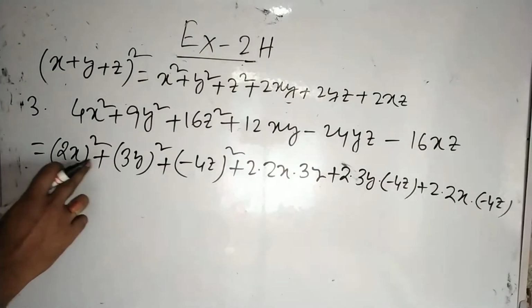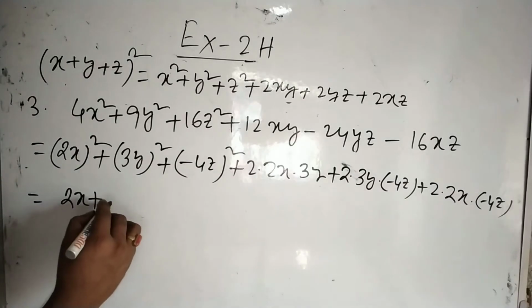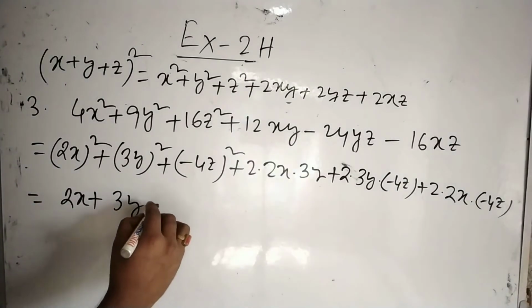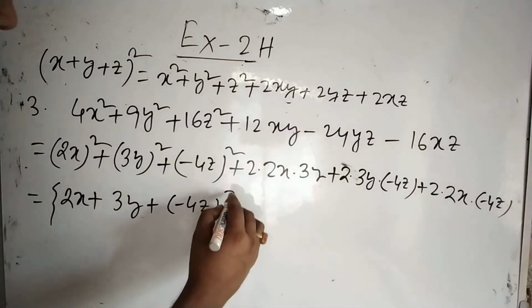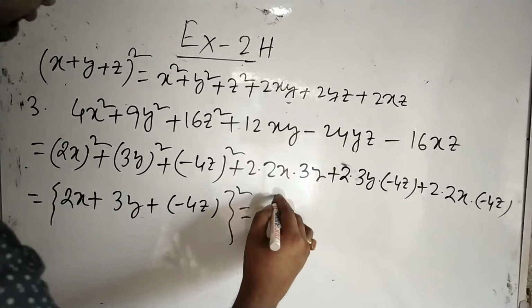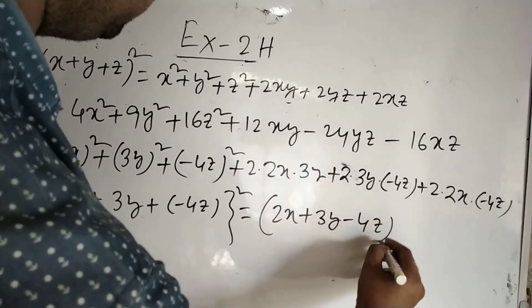So here this is x, this is y, this is z. So it will be (2x plus 3y plus minus 4z) whole square. That is (2x plus 3y minus 4z) whole square.